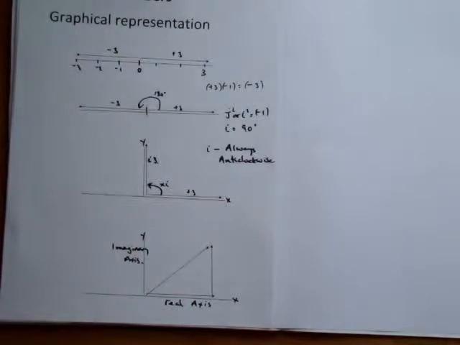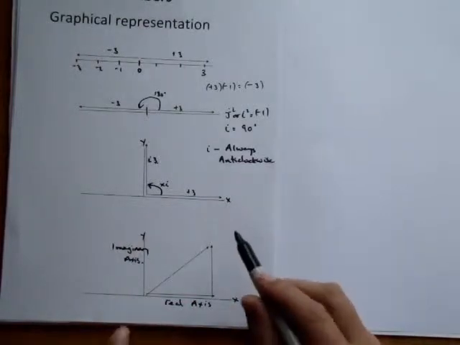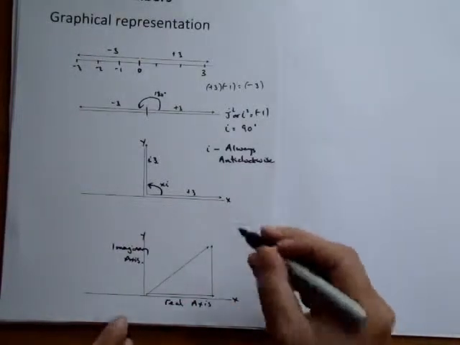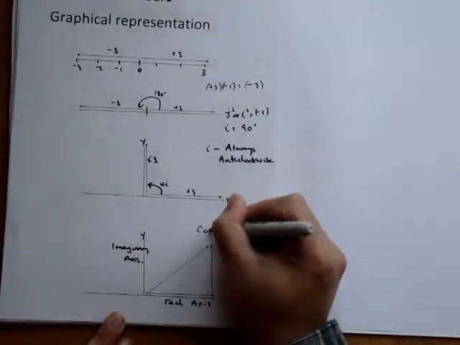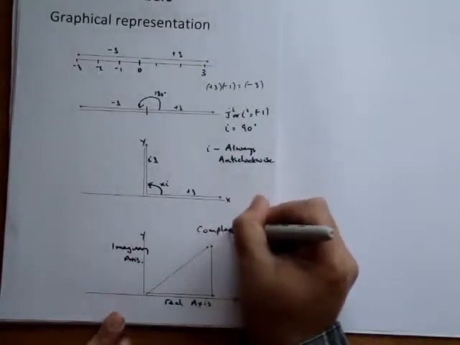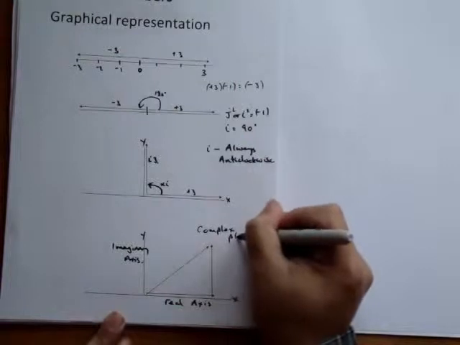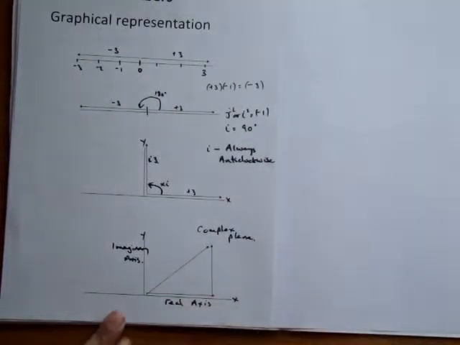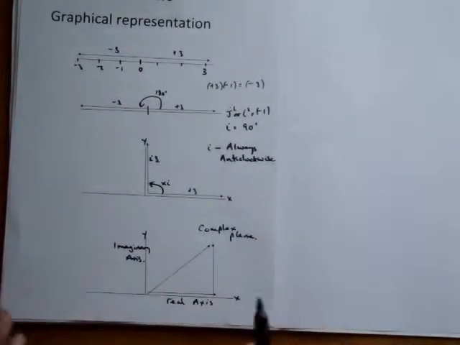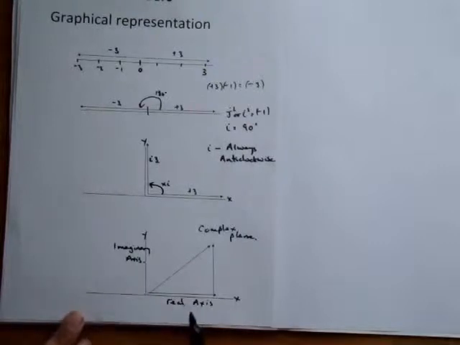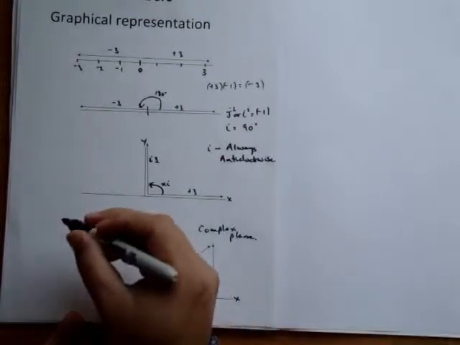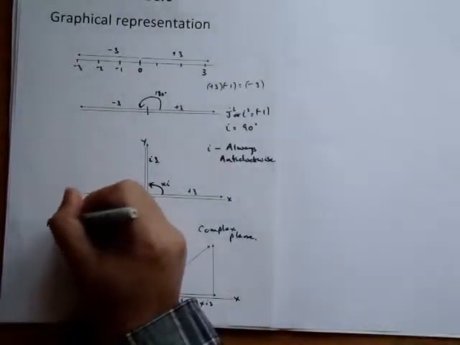And we draw the points for the complex numbers on the complex plane. And this whole diagram that we use with the imaginary axis and the real axis is called the Argand diagram.